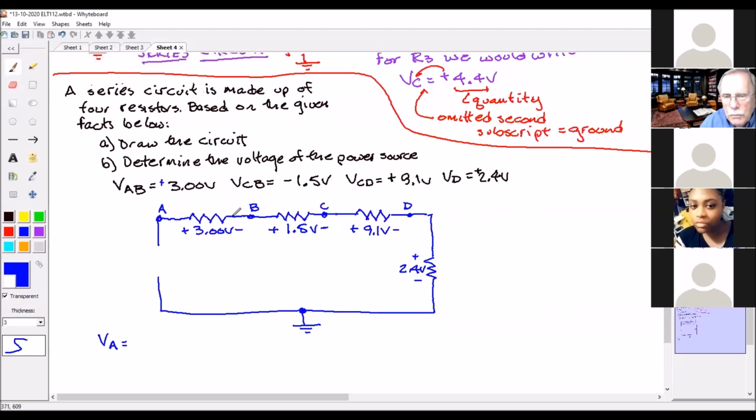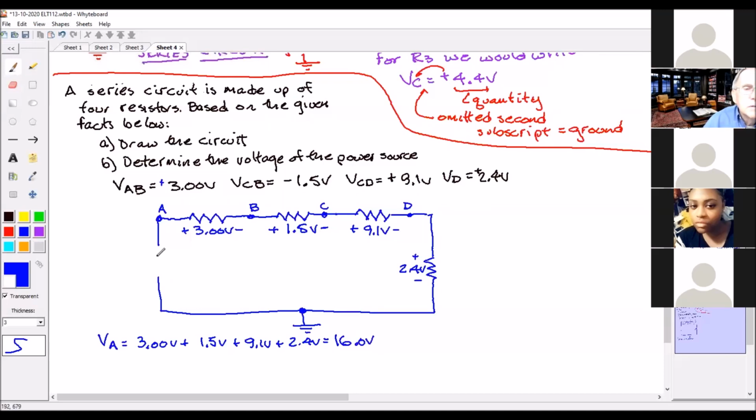Right? You told me to add them all up. So I'm saying let's add them up and go this way because I have positive, positive, positive, positive. It reminds me to add. So I could write that as 3.00 volts plus 1.5 volts plus 9.1 volts plus 2.4 volts, which should work out, if I did my math right, to 16 volts.